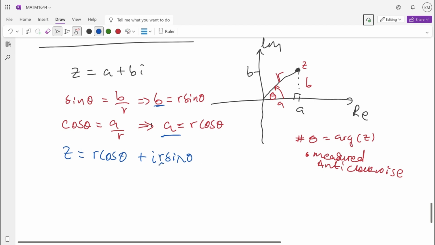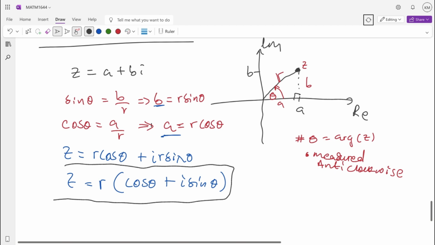Notice that you have r as common between these two terms, so we can factor it out. Then z is r times cos theta plus i sine theta. This is what we call our polar form.